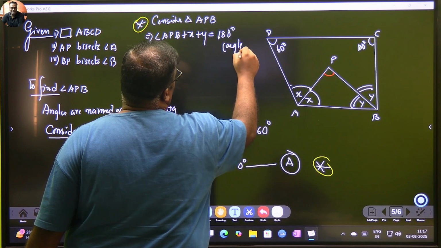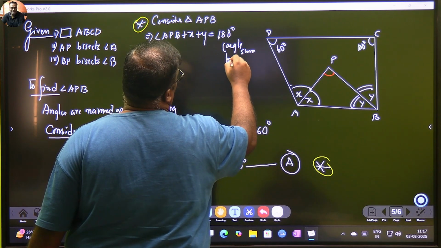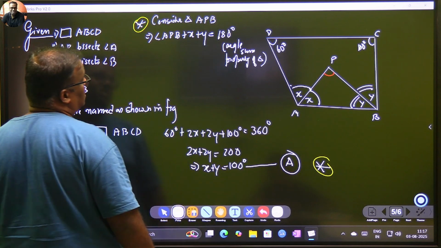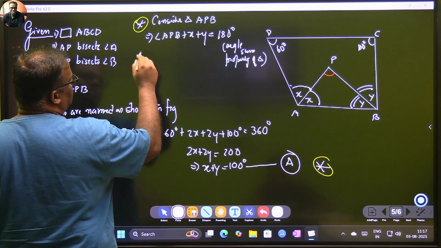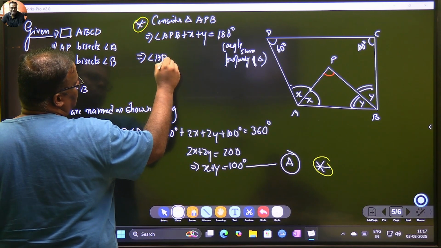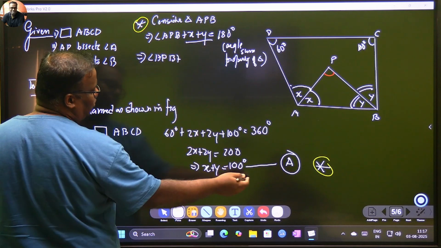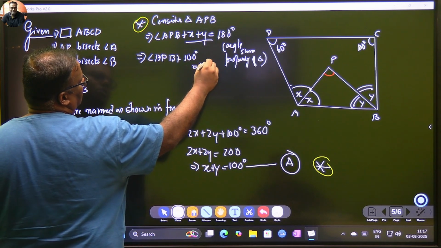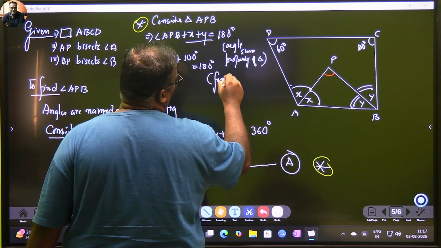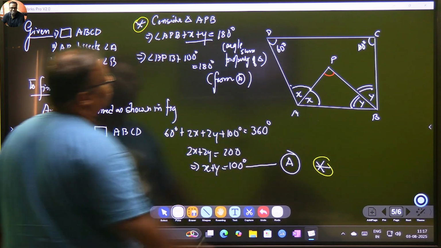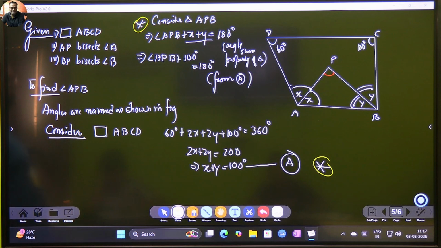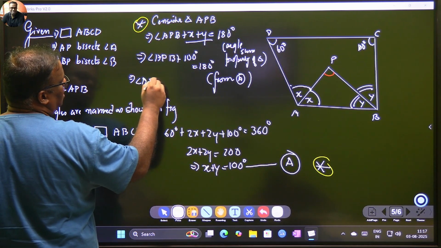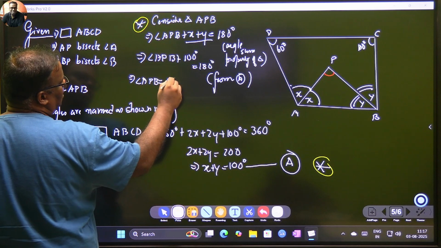Angle sum property of triangle. X plus y is already given to us. Angle APB, this part we already know from A, this is 100 degrees. You understood? This is from A. You write from A. Mishka madam, did you understand this step? So now we have to find angle APB. So angle APB is equal to 180 minus 100, which is 80 degrees.